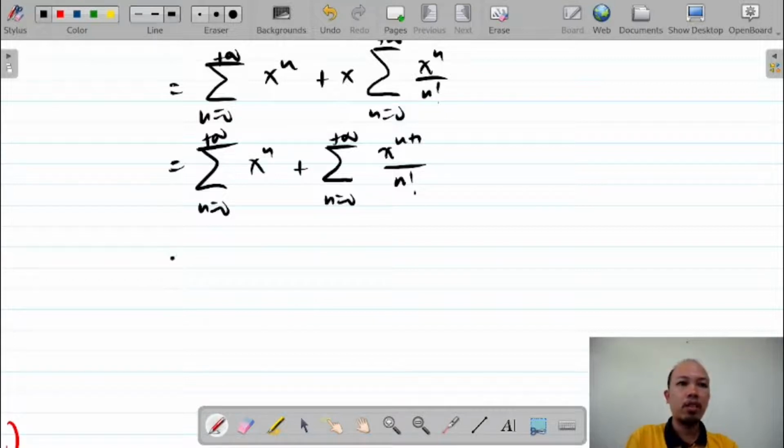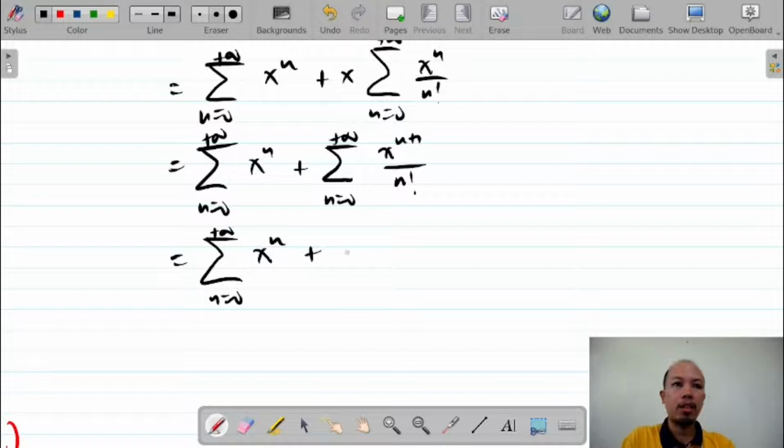So this one is just x to the n, n starts from 0 to positive infinity, plus, notice that they are equal to this one here, x to the n over n minus 1 factorial, n starts from 1 to positive infinity.